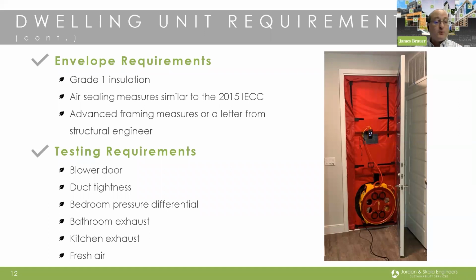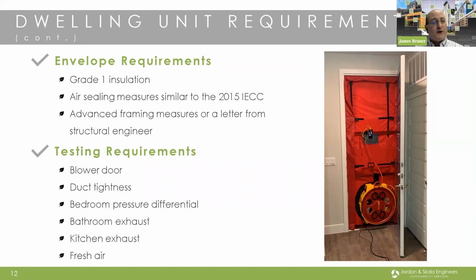So part of Energy Star will check to make sure that what you're paying for is actually being delivered. There are also some air sealing measures, which are similar to the 2015 IECC or higher. So this shouldn't be a surprise. If you are building in any of these locations, then you're already used to planning around these measures.